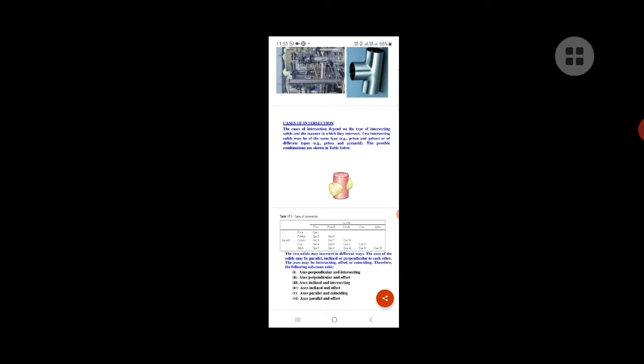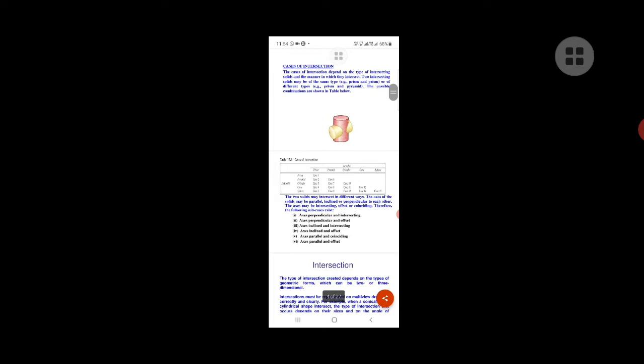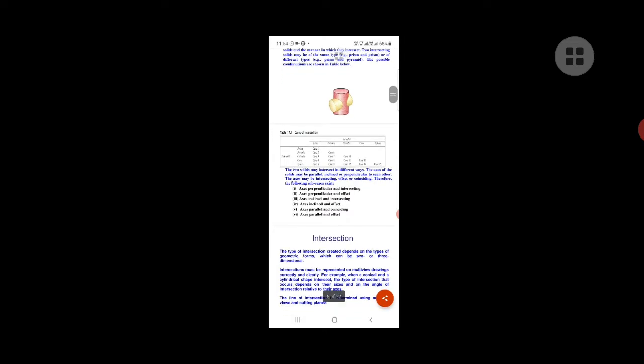The curve of intersection depends on the types of intersecting solids and the manner in which they intersect. The two intersecting solids may be of the same type or different types, as shown in the figure. The axes of the solids may be parallel, inclined or perpendicular to each other, and the axes may be intersecting or coinciding.